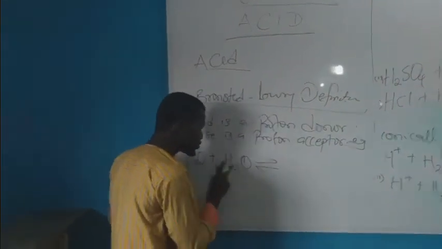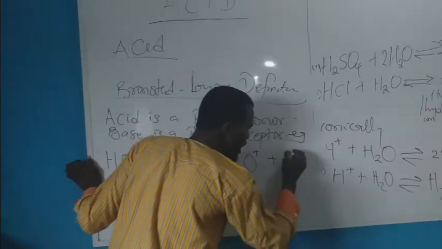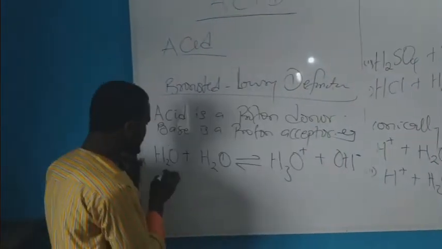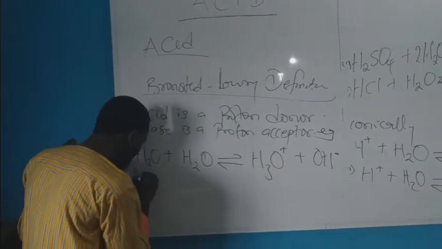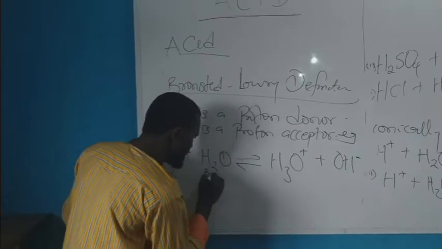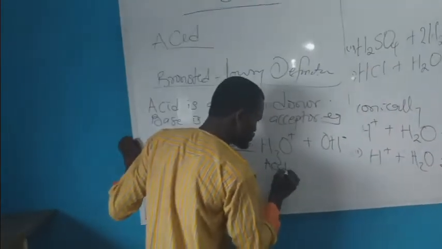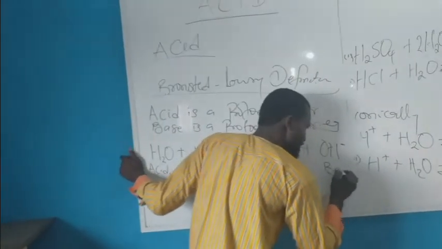H2O plus H2O, giving you hydronium ion and hydroxide ion. Now, we take this as acid 1, we take this as base 1. We take this as acid 2, and we take this as base 2.